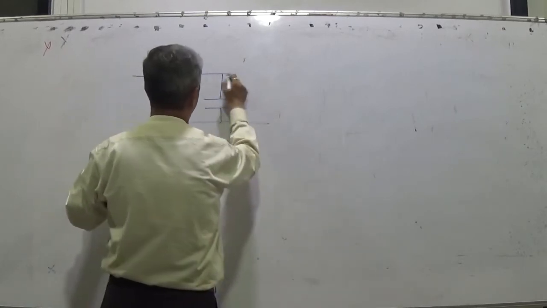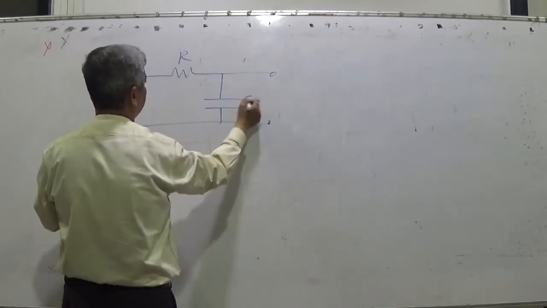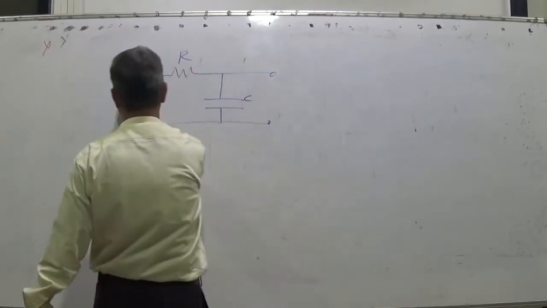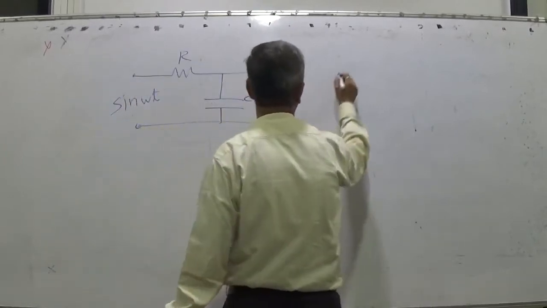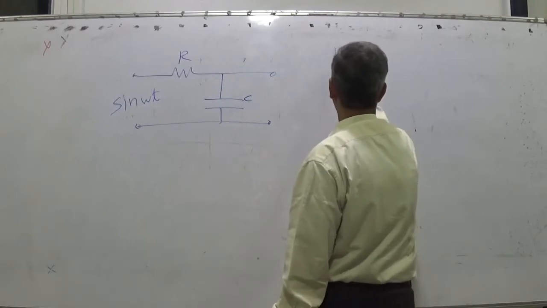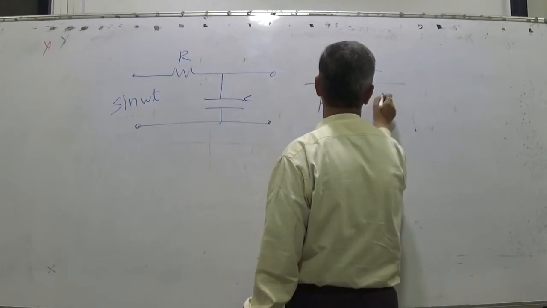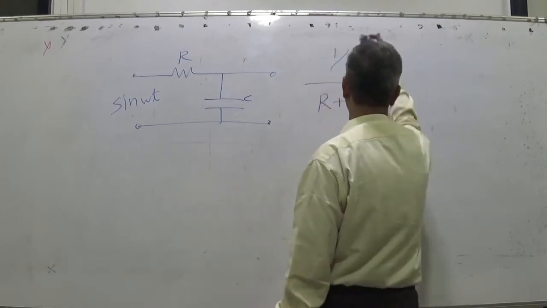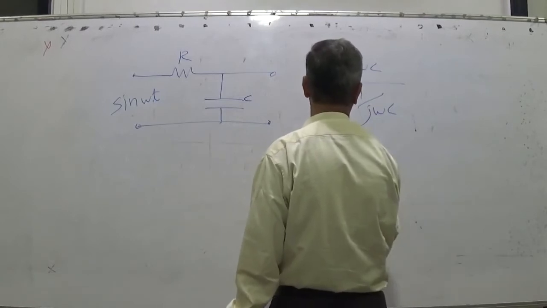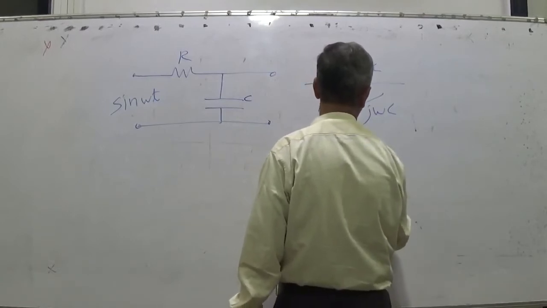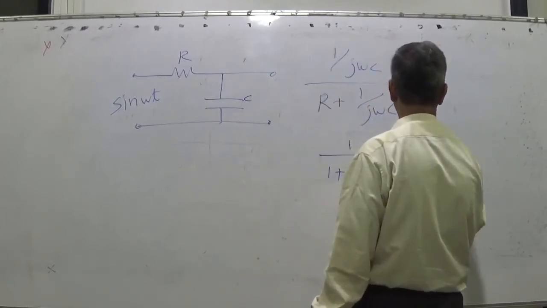So we can generalize it, using values of R and C. So what is the output? Input is as always sin omega t. Output is 1 upon j omega C, upon R plus 1 upon j omega C. Multiplying numerator by j omega C, we get 1 upon 1 plus j omega RC, sin omega t.